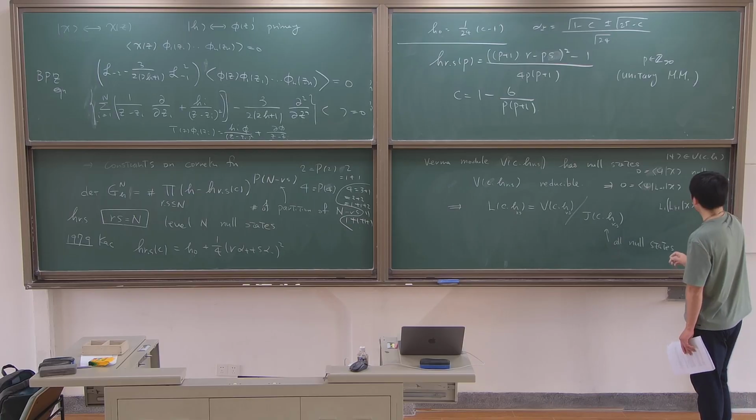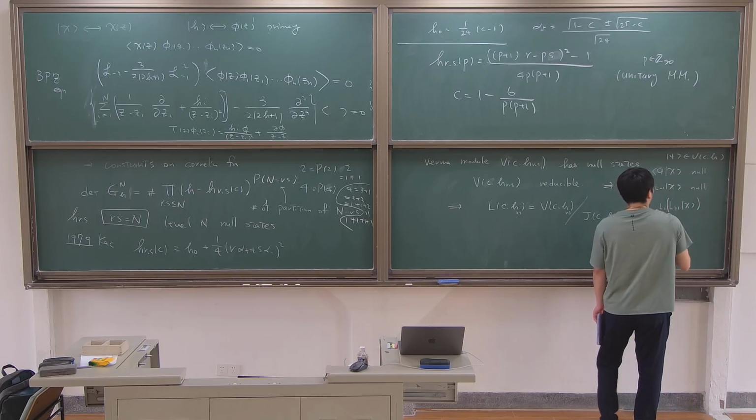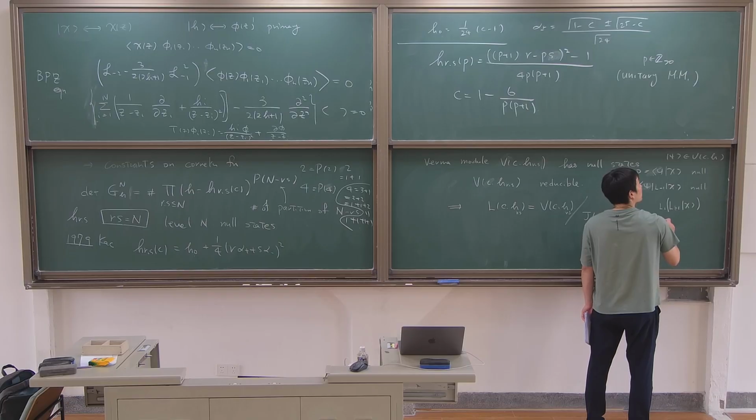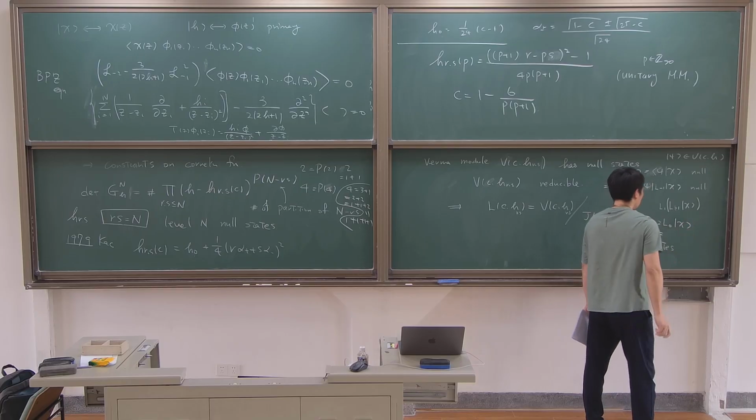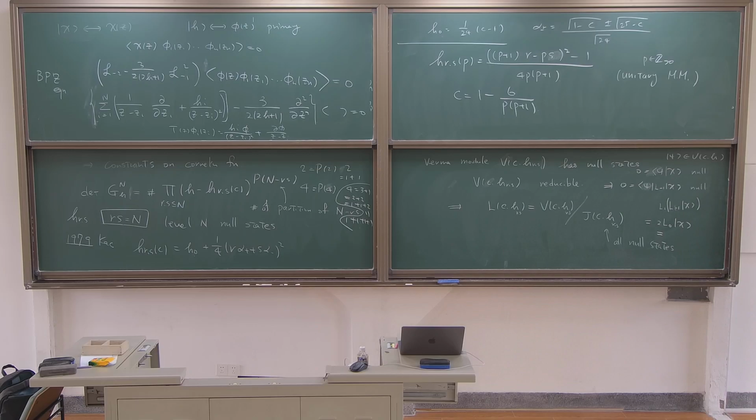If you do it this way, this means 2 times L0 acts on chi, and this is the... I'm doing something stupid.